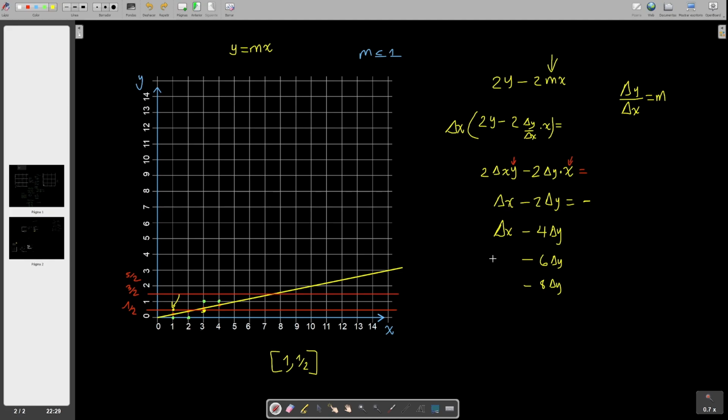So for the next, and so on, it is going to result in 2 delta x more than the previous result.